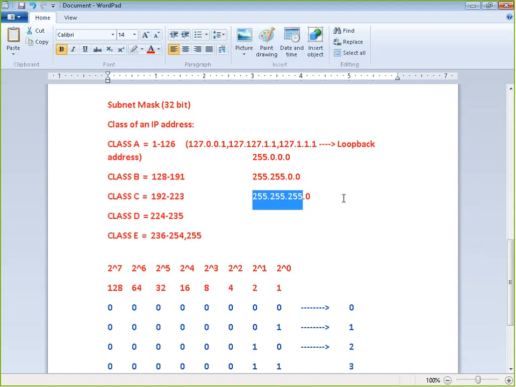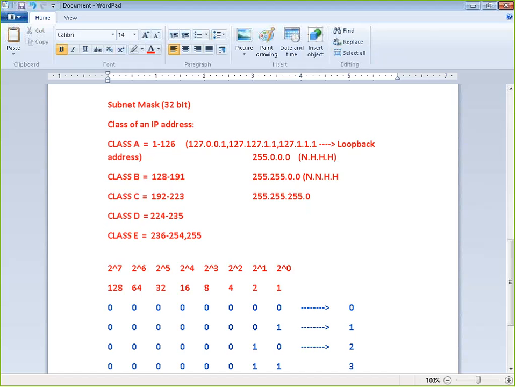According to that, for class A, the first octet is the network address, and the remaining three octets are the host. For class B with the default subnet mask, the first two octets are the network address and the next two octets are the host.